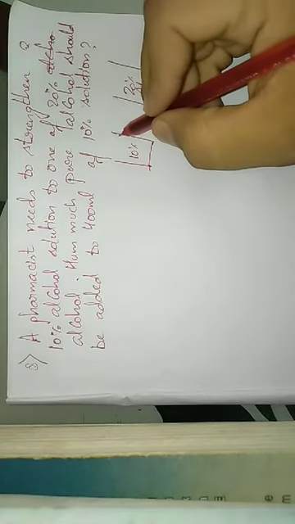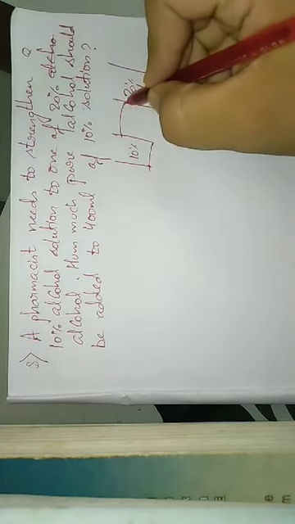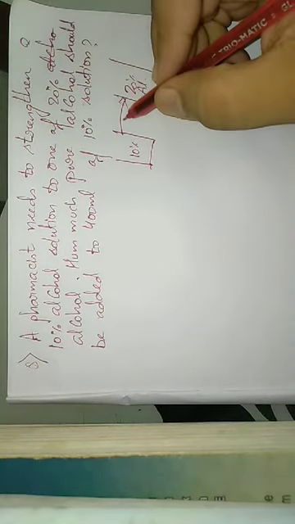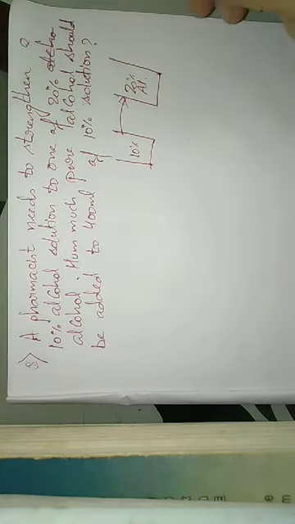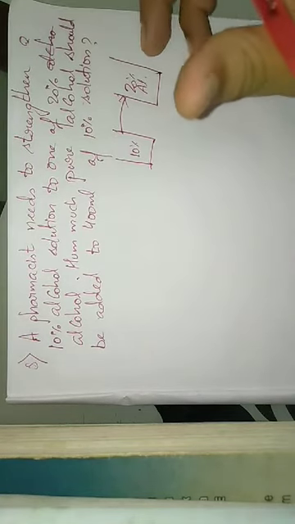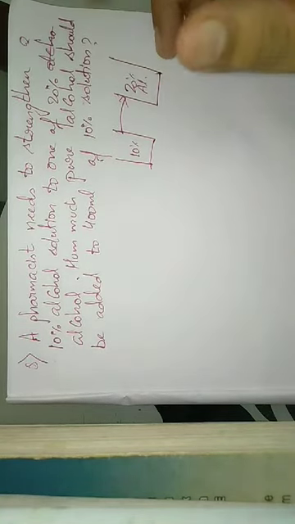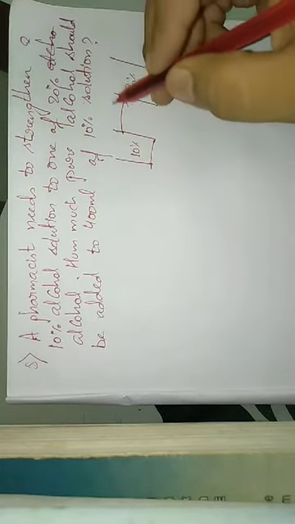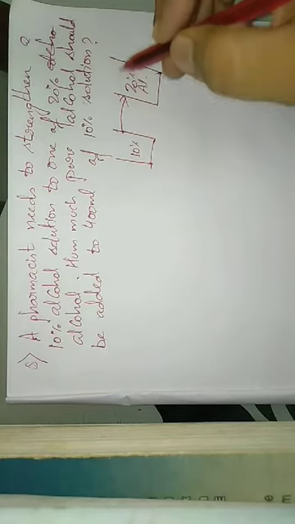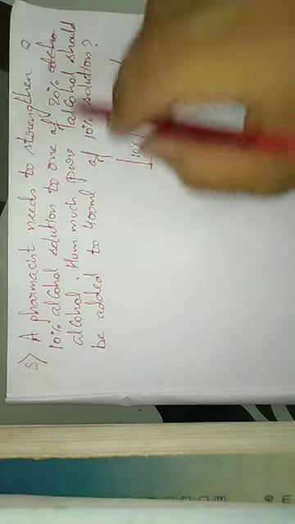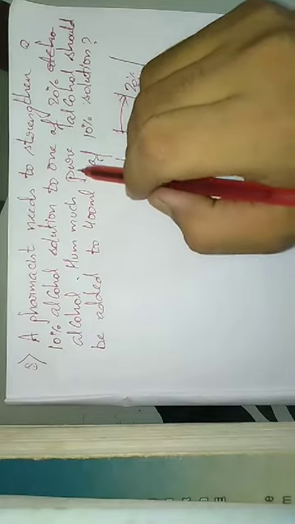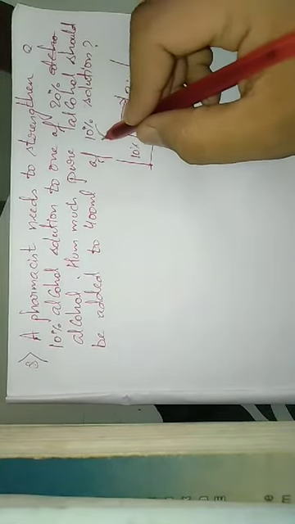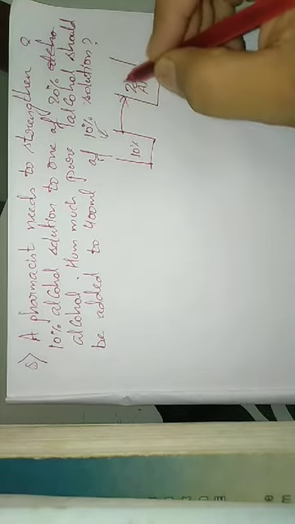What he wants to do is convert from 10% to 20% alcohol, which means he wants to increase the alcohol content in the solution. And how is that to be done? That will be done using pure alcohol. Pure alcohol will be poured into this till the concentration becomes 20%.